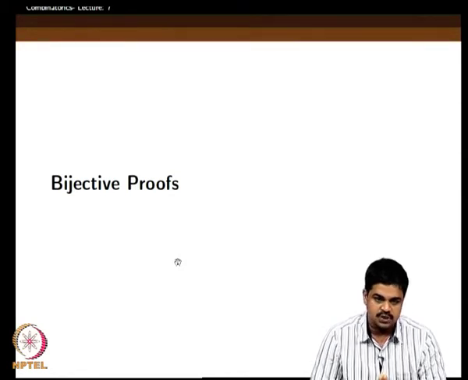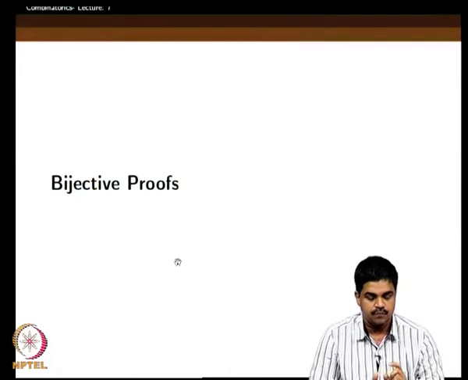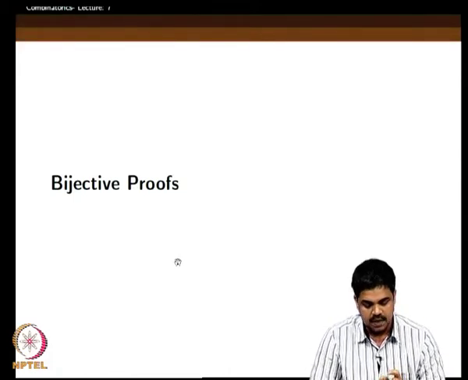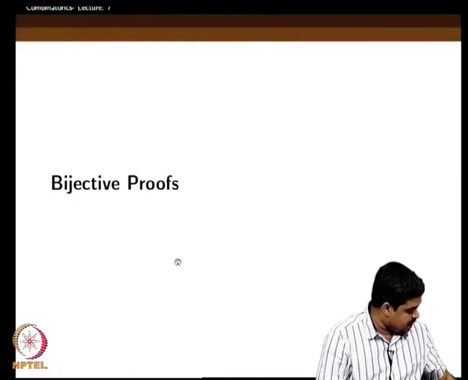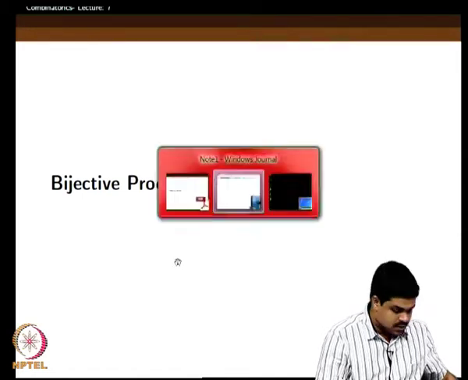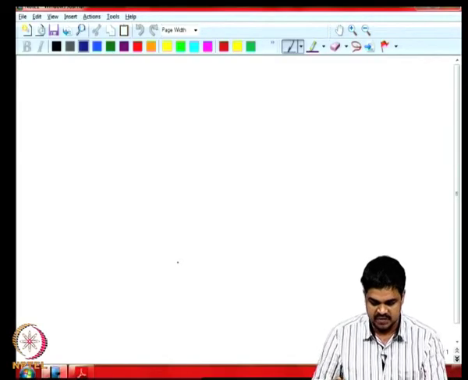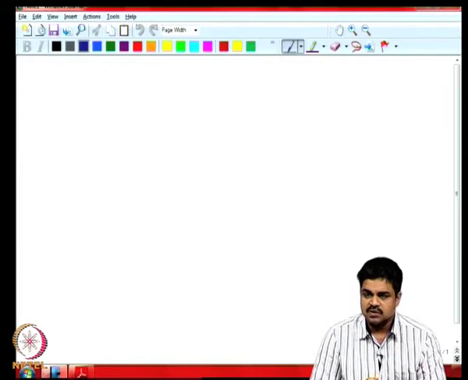It is not possible that two different members of T get mapped to the same member in S, and also every member in S has a pre-image. The point is, if you can establish a bijection between the two sets, then both sets should have the same cardinality.